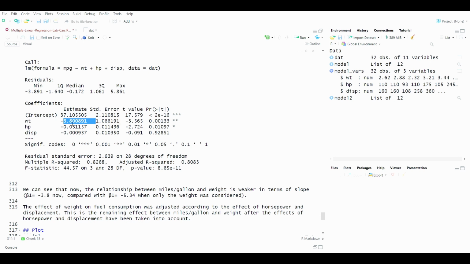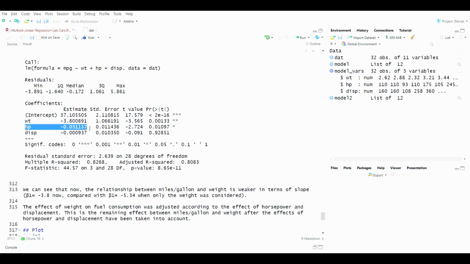So this is the slope of weight on miles per gallon after accounting for horsepower and displacement. And this is the standard error of that slope, the t-value, and the p-value of that slope. We see that the weight variable is indeed a significant predictor of miles per gallon after accounting for horsepower and displacement.